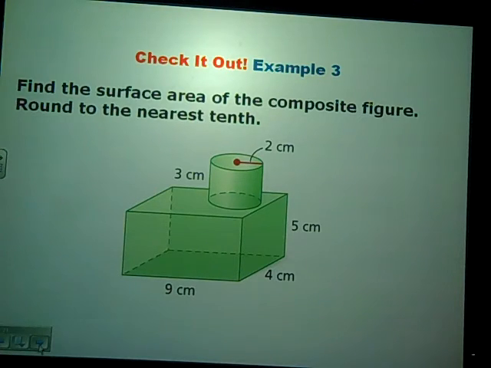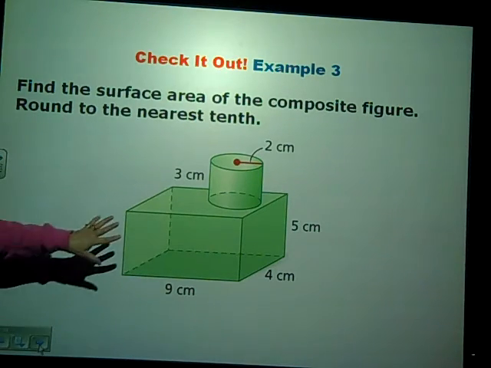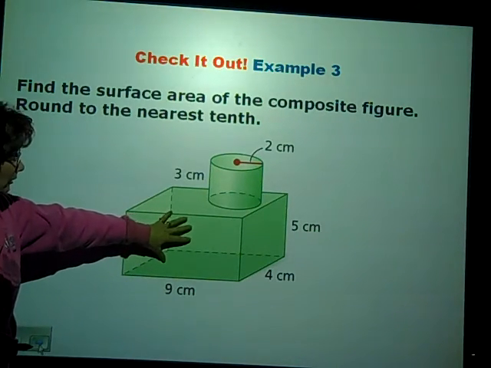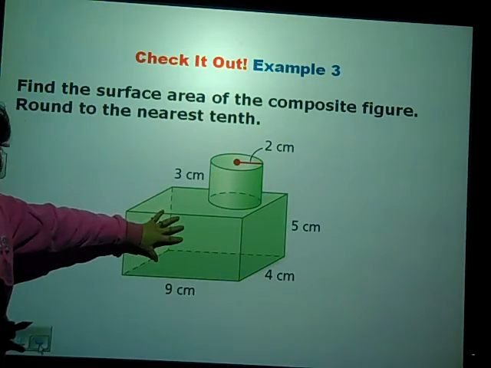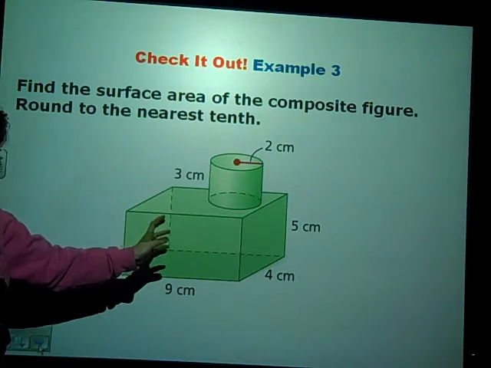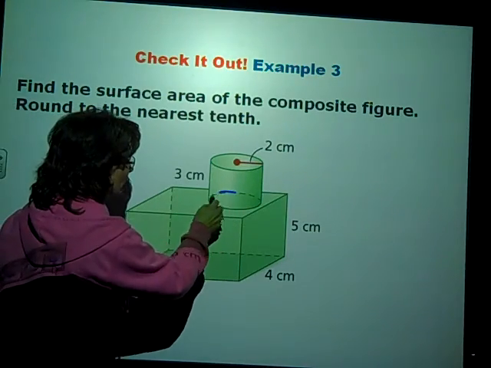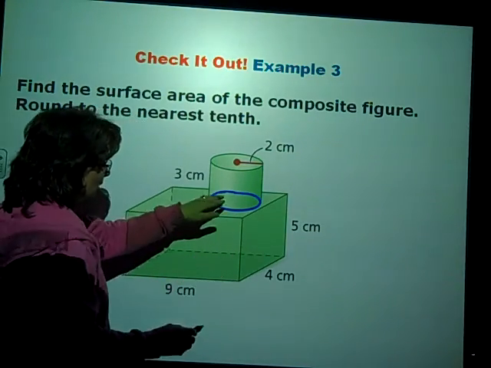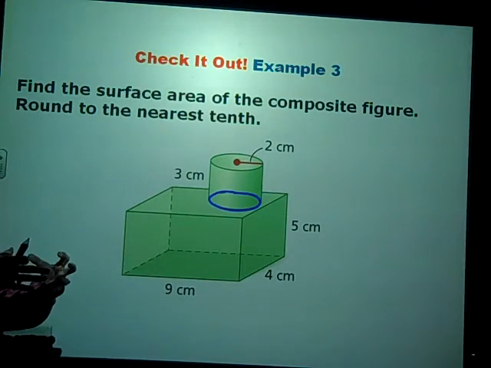Now, what if I have a composite figure? This is where I need to give you a little warning. If you want to find the surface area of a composite figure, well, I see a rectangular prism, and I also see a cylinder. But notice the cylinder is sitting on the prism, which means this little circle is cut out of the prism area.